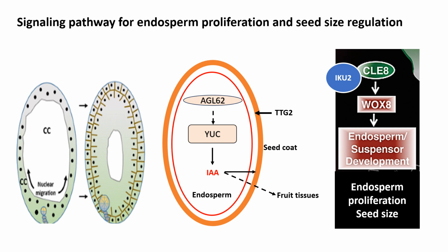IKU2 mutants show precocious endosperm cellularization as well as decreased endosperm size. Now these RLKs require an extracellular signal to trigger their activity, and several polypeptide signaling molecules are involved in regulating seed formation.